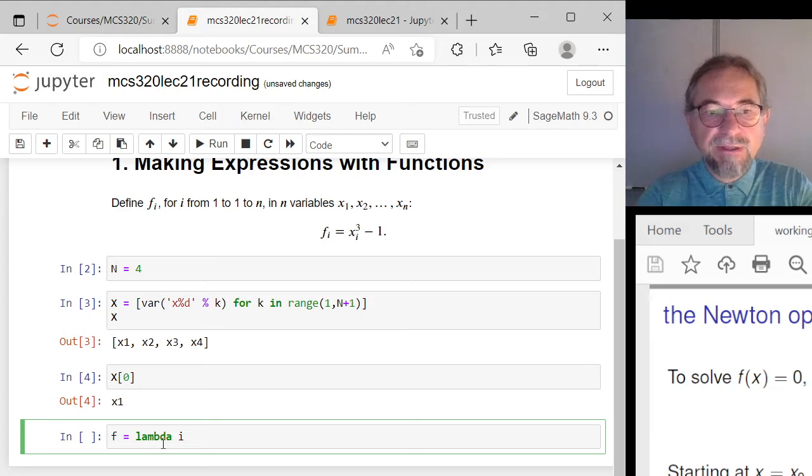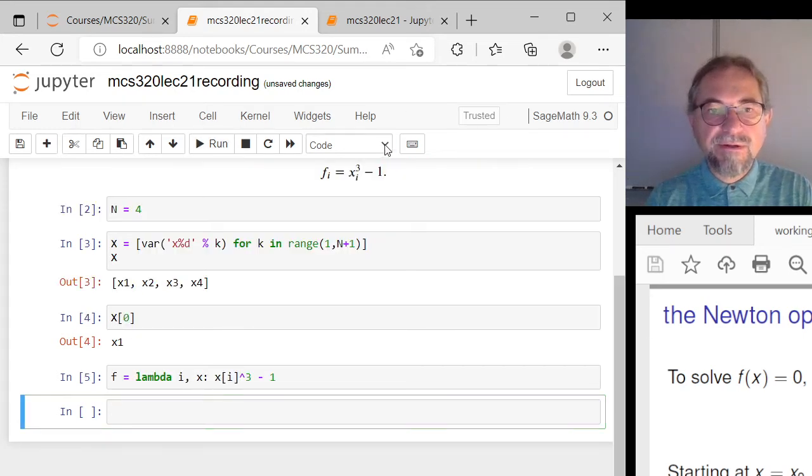So we have the index I, which is the parameter, and the other parameter is x. Here I can write little x. So I do xi to the power 3 minus 1.